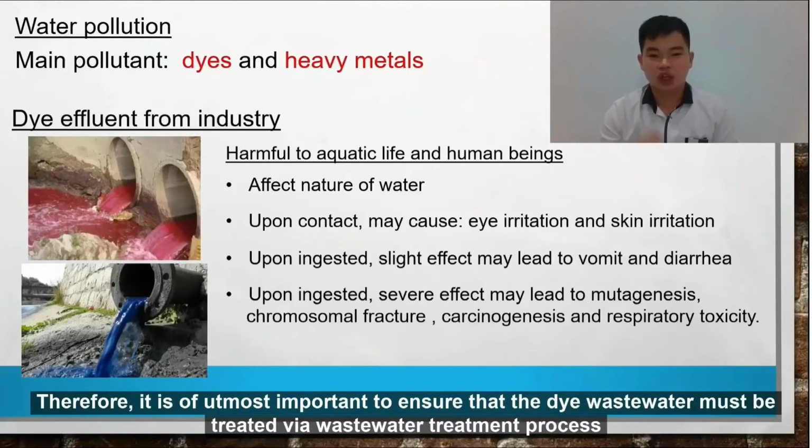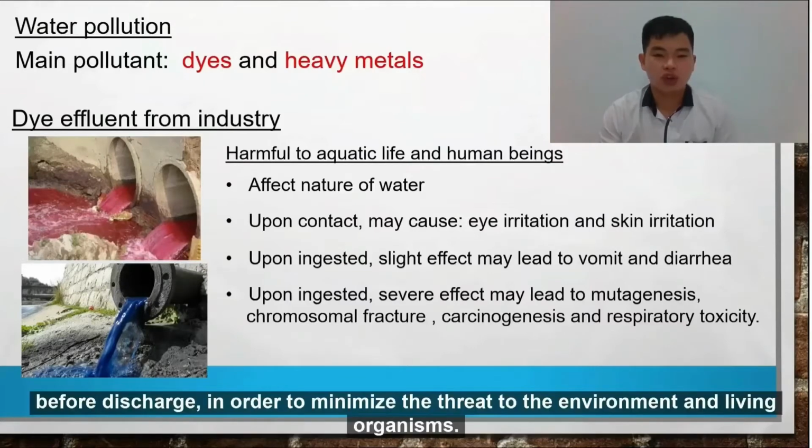Therefore, it is of utmost importance to ensure that dye wastewater is treated via a wastewater treatment process before discharge, in order to minimize the threat to the environment and living organisms.